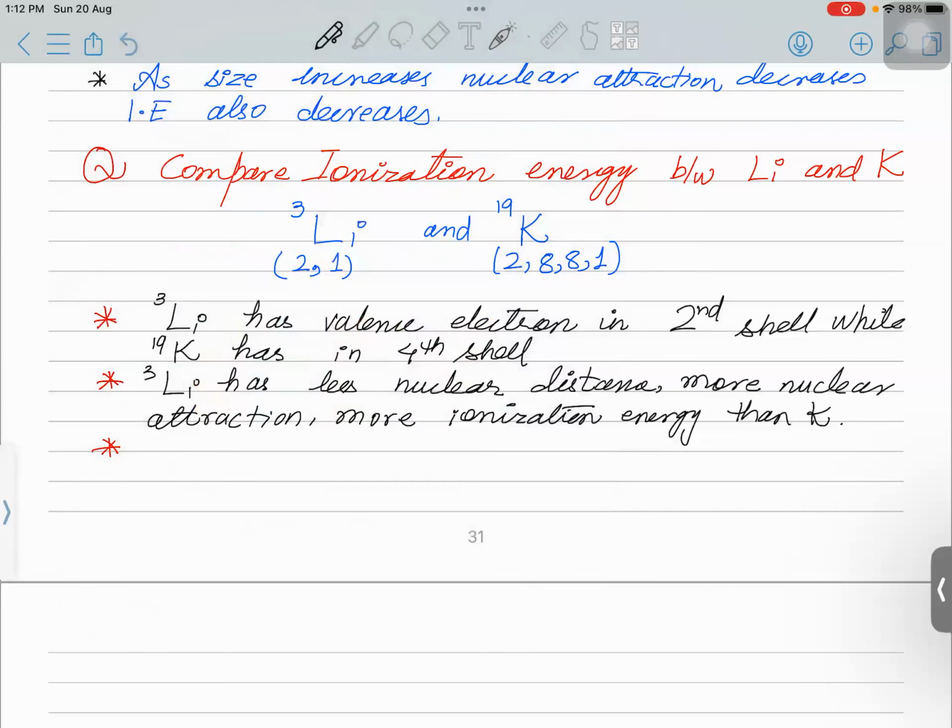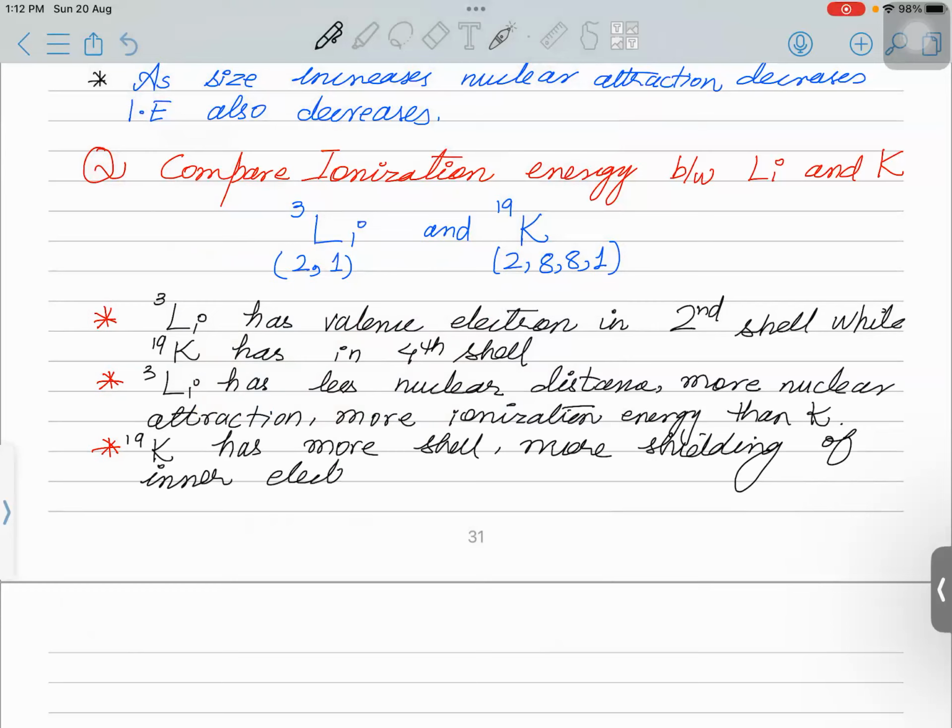K19 has more shells, so more shielding of inner electrons. Any question? No question.